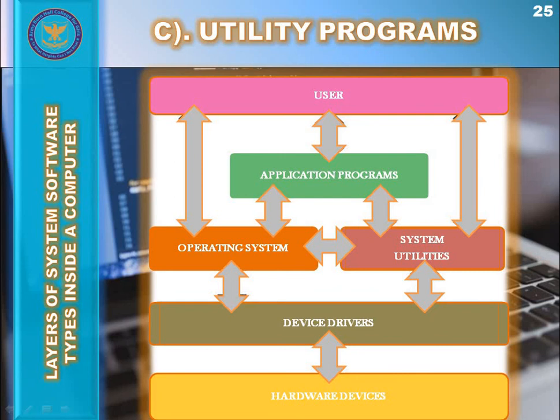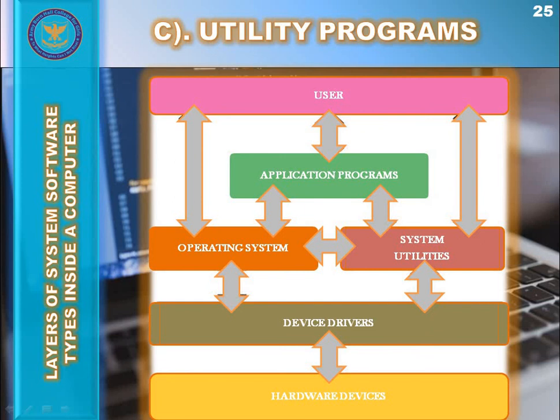Likewise, at the bottom level, hardware devices exist, like input-output devices, or CPU, or RAM, or hard disk, etc. So if a user wants to store his data inside a computer, the data would go from that application program to the operating system. Operating system would send the data directly to the hardware device, like a hard disk, for storage.